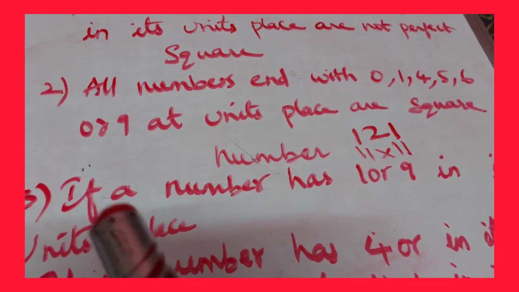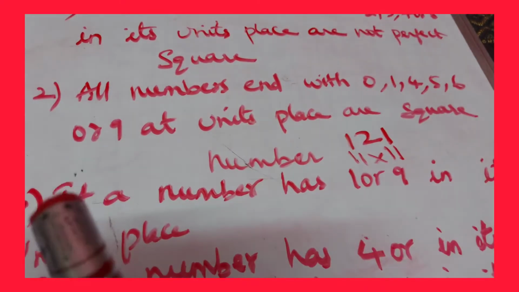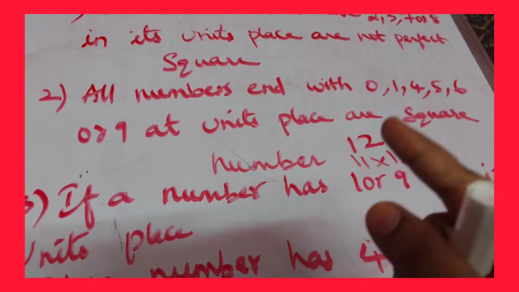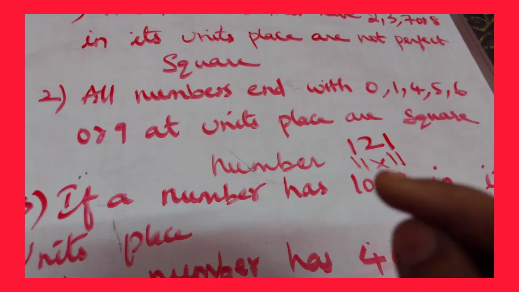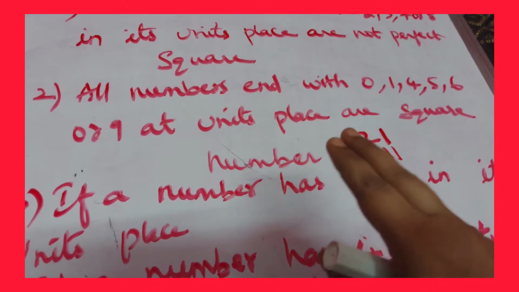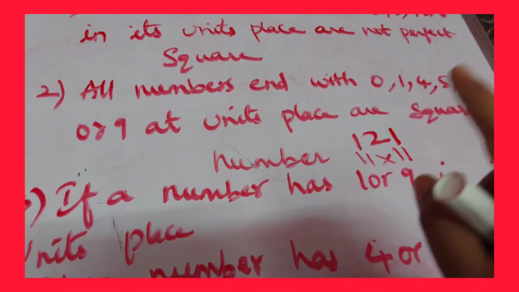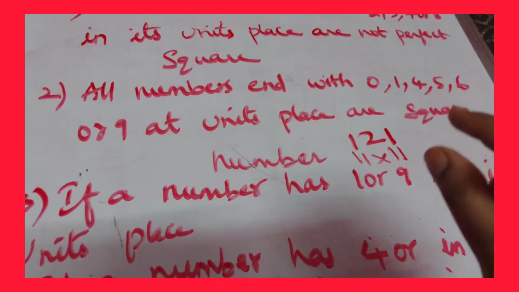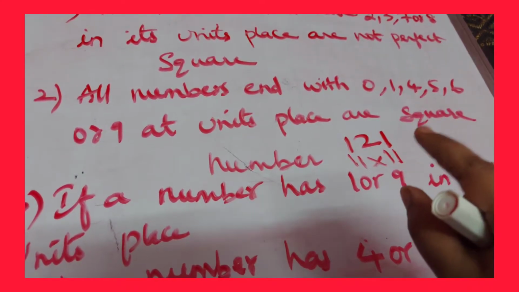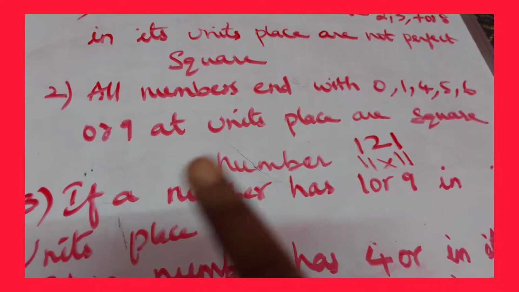Now the second property. All numbers that end with 0, 1, 4, 5, 6 or 9 at the units place are square numbers. For example, 121 we can write as 11 11s are 121, so it is a square number. 64 has 4 at the unit place, 8 8s are 64. 25, 5 5s are 25. 36, 6 6s are 36. 49, 7 7s are 49.